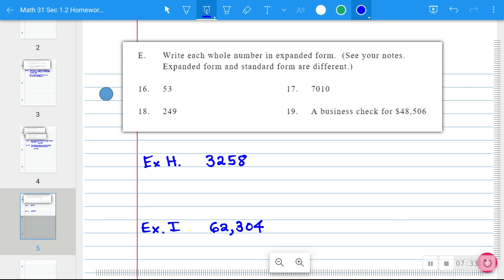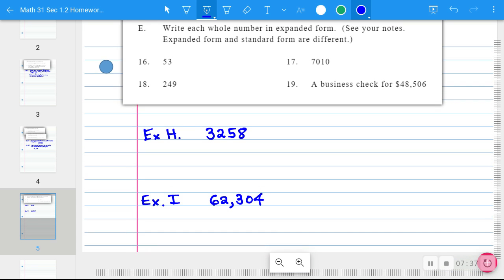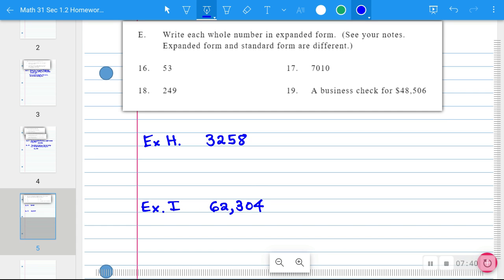Okay, this is a little different. We're supposed to write this in expanded form. And in expanded form, you actually show the numerical value of each digit, including its place value. So to explain that, I'm just going to concentrate on that 3 there. That is actually not a 3. It's 3,000 by virtue of the place value it's in.